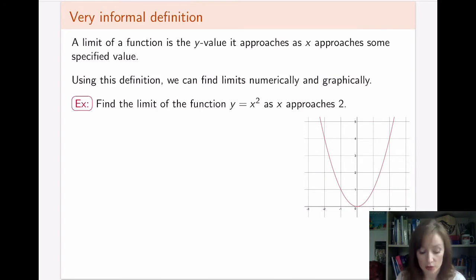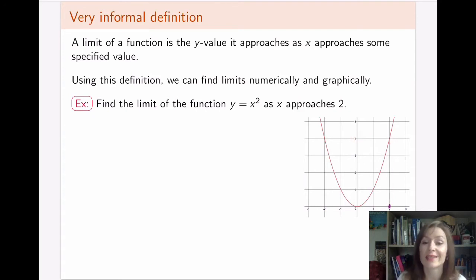Let's take a look at our very first example here. Find the limit of the function y equals x squared as x approaches 2. So we're given the value that x will approach, it's 2. Let's mark it here on the graph, for example. So this is the value of x that I'm going to try to stay close to. Finding the limit means I have to find that as x is around 2, or as close to 2 as possible, what does the corresponding y value on the graph approach?